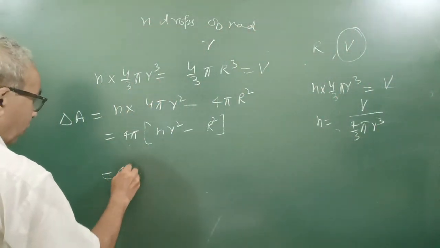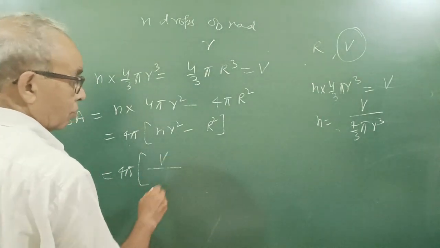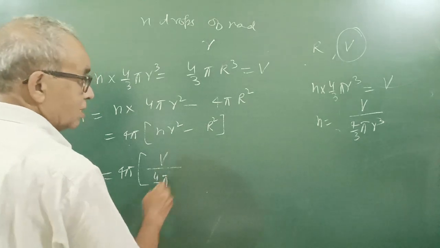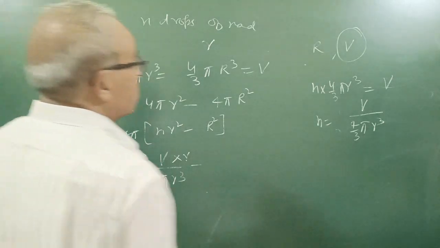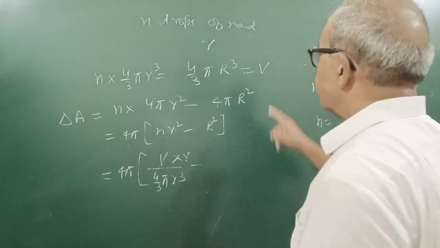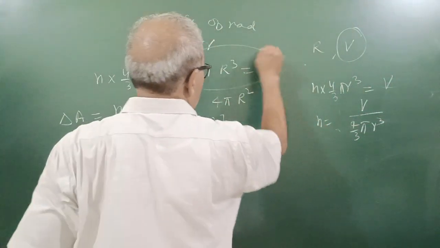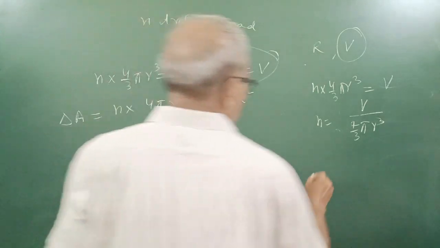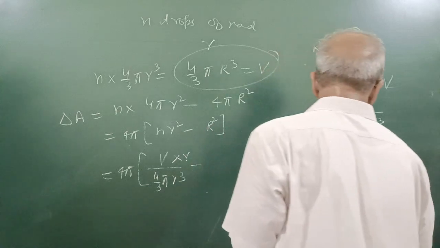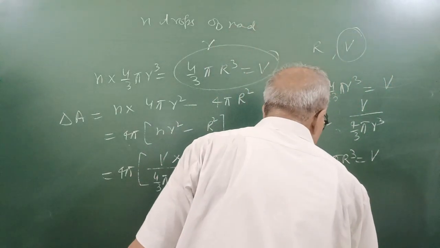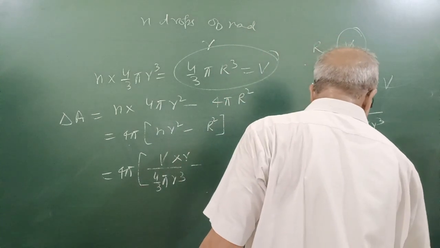So it will be 4 pi into V upon 4 by 3 pi r cube, into r square minus R square. From the equation 4 by 3 pi R cube is equal to V, or 4 pi R square into R equals 3V.